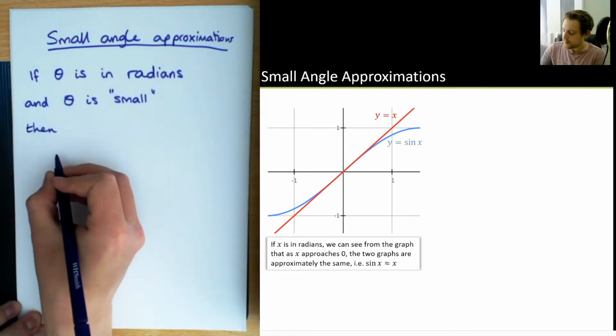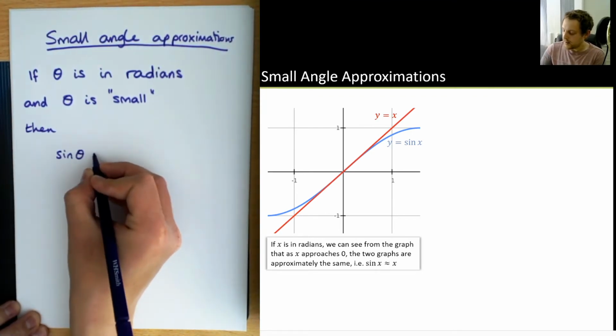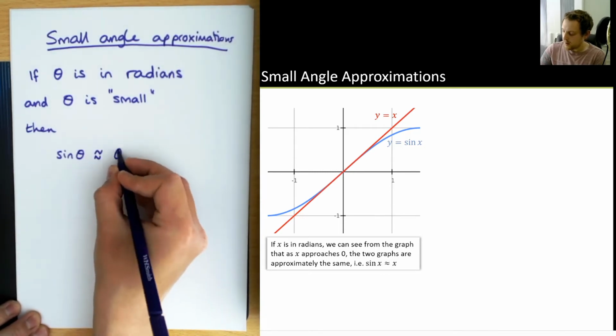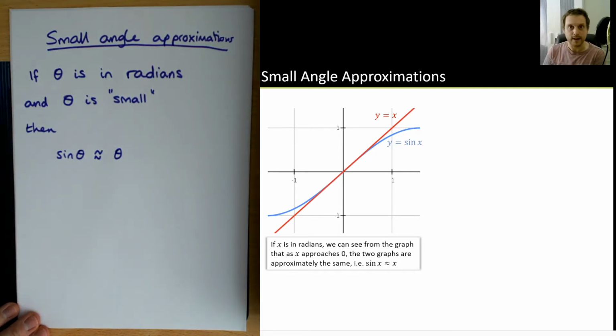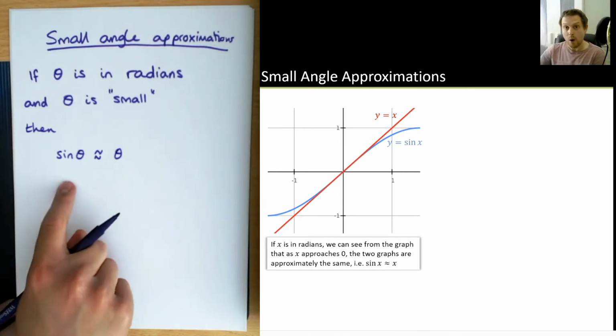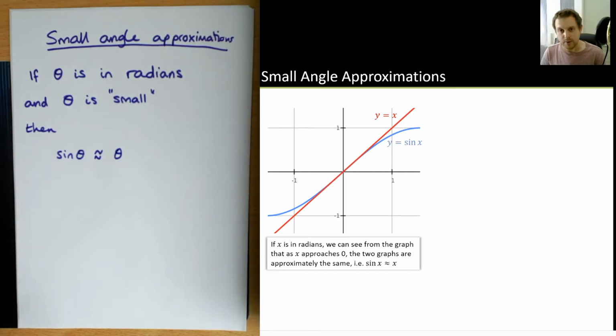Then sine theta will approximately equal theta if theta is small and theta is in radians. That's one of the small angle approximations. I'll talk about the others in a second. I just want to actually show you what it means for sine theta to be small. Okay, what does that mean?